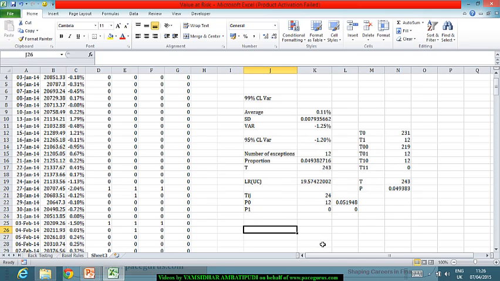Now from here I can apply the relevant test statistic. The LR for independence is what I can test out.